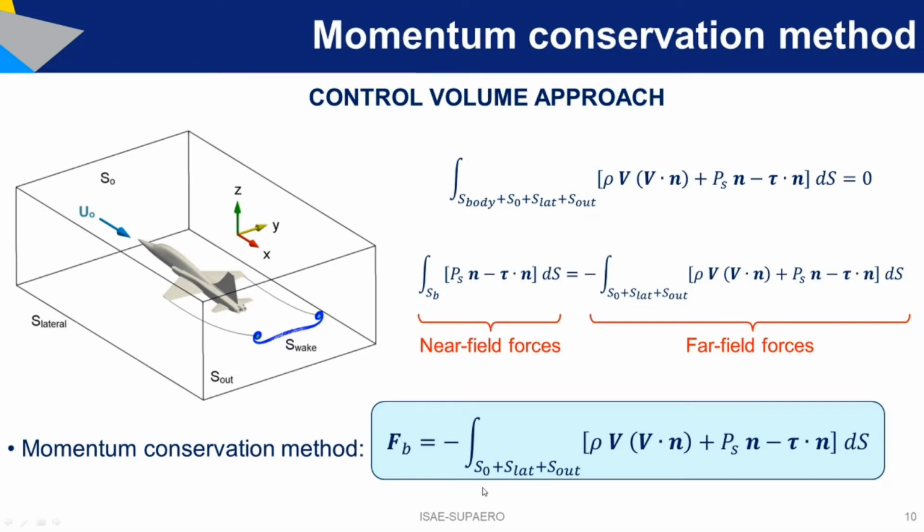For CFD applications, it means that if you want to compute the force acting upon a body, you have to define first a control volume around, and then to compute this parameter, velocity, density, and pressure, and so on, acting on each surface. That's doable, but it's not that practical because that implies defining the control volume, and the size of this control volume will depend on the shape of the geometry and so on.